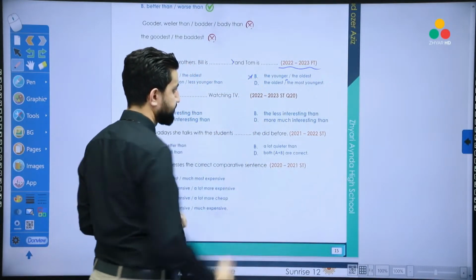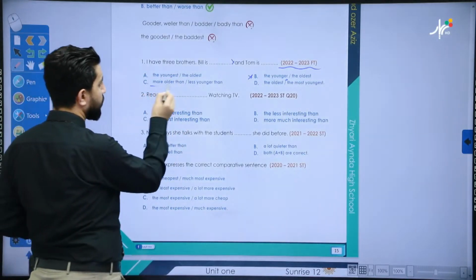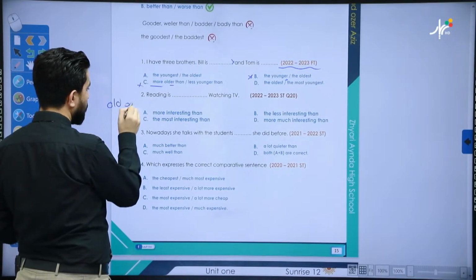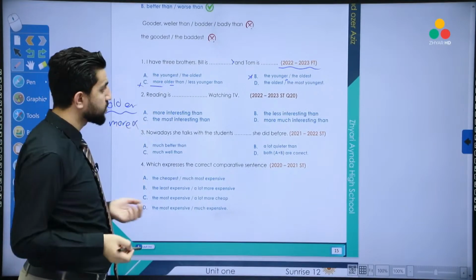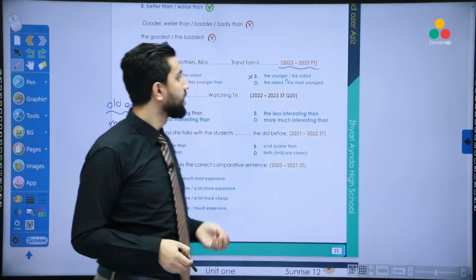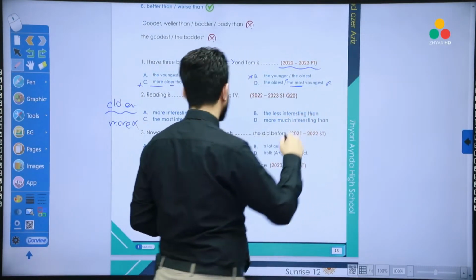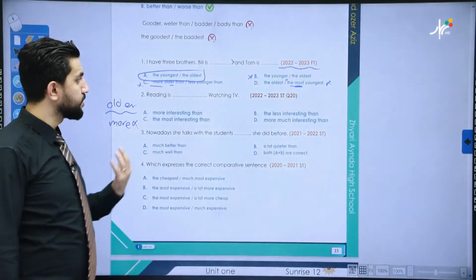That's incorrect. Bill is more older than. Do we use more with older? No. Why? Because old is a one-syllable adjective. We just use er. We don't use more with it. That's wrong. The oldest, the most youngest. Do we use the most youngest in English? No. That's wrong. So the correct answer would be A. In the exam, you can do it this way.